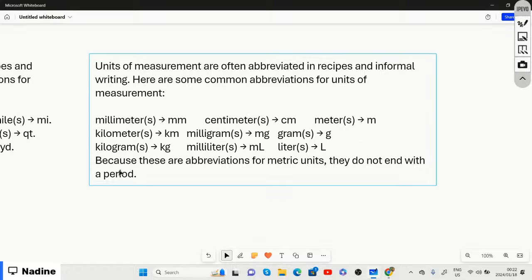With millimeters, you can measure something as small as a fingernail. That is how small you can measure something. Centimeters, you can maybe measure with a ruler.